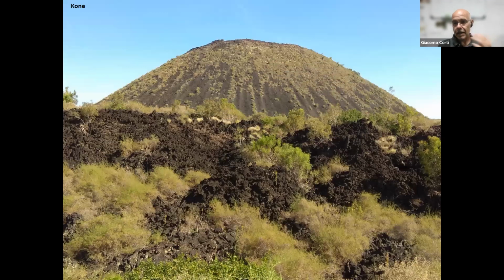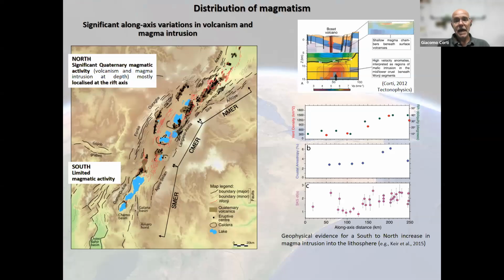And this is an example of a very recent basaltic scoria cone close to Fantale. This is also associated with significant geophysical evidence for important voluminous magma intrusion into the whole 70 kilometers of the continental lithosphere in the northern part of the main Ethiopian rift.